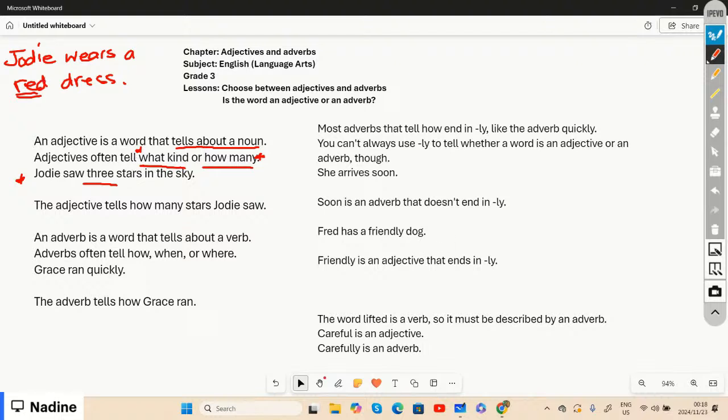All right. And then we have an adverb. An adverb is a word that tells us about a verb.